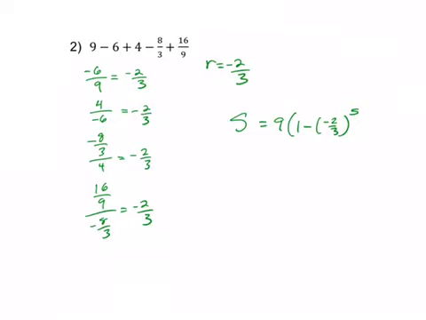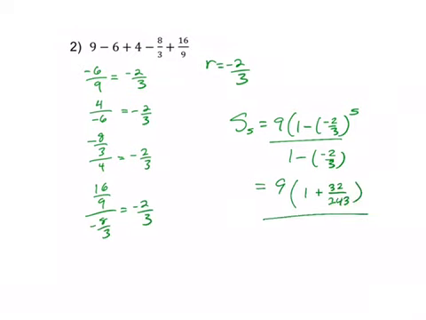5 divided by 1 minus negative 2/3, right? So I have 9 times 1 plus 32 over 243, right?